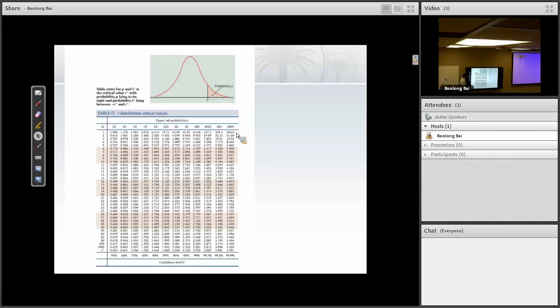Another reason is in the T table, we give many different distributions. Every different degree of freedom has a different T distribution. So basically, you only have one line indicating one T distribution. If you look at a different row, there's a different T distribution. So every time you use the T table, you're supposed to only look at one single row for whatever your degree of freedom is. So check your degree of freedom first before you use the T table.